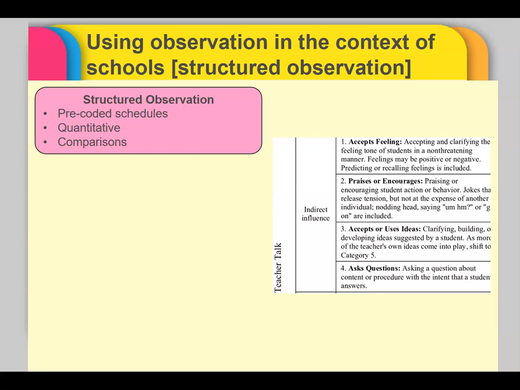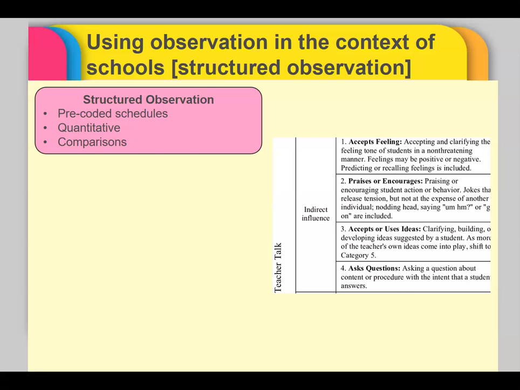Now at the side of the page here you've got an extract which is taken from the Flanders interaction system, where observing lessons you can observe feelings, you can observe the amount of attention that teachers give to male pupils, to female pupils, positive and negative, how much time they spend, which pupils they're talking to.